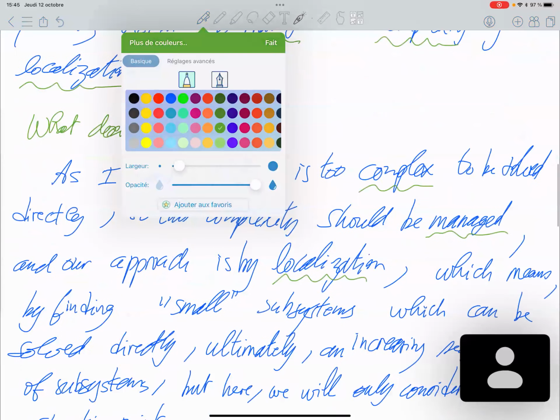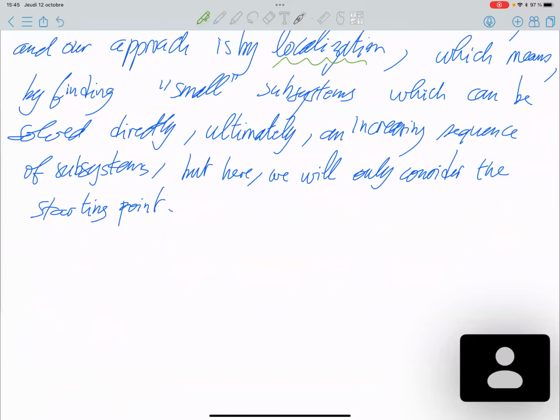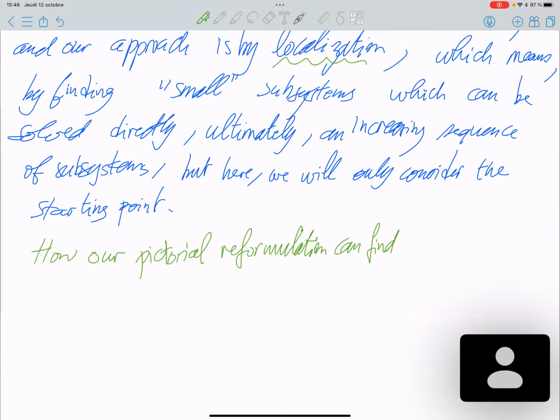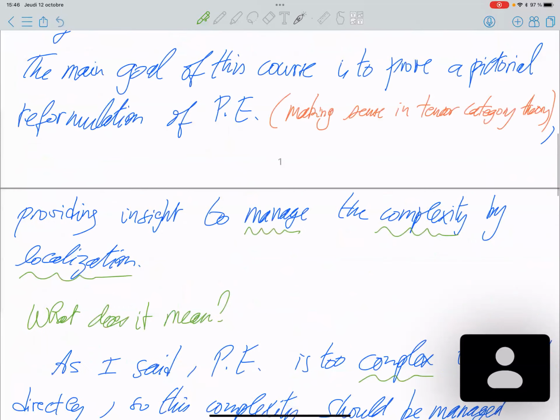So I will need to provide the idea of the pictorial reformulation. Let me explain.